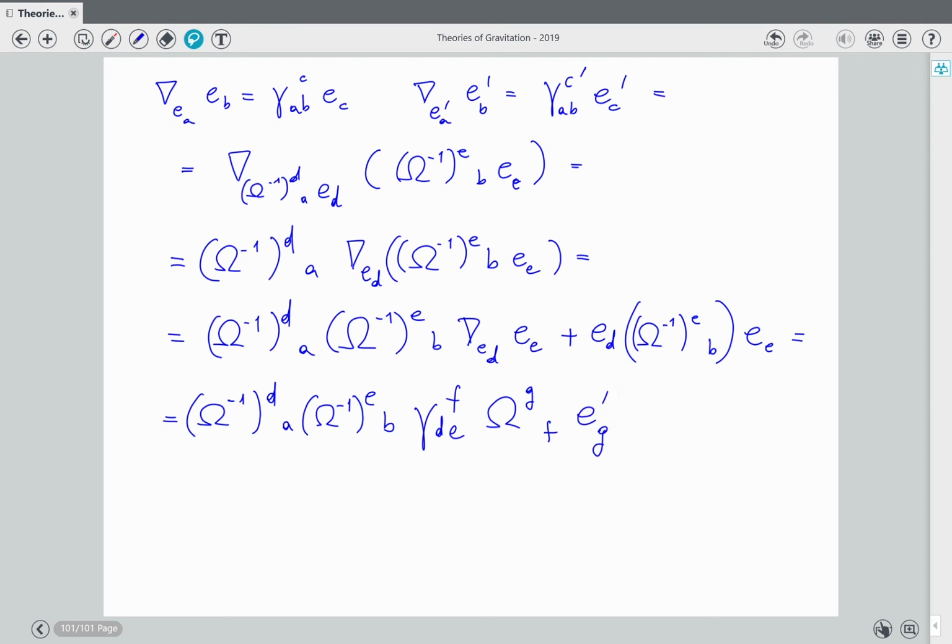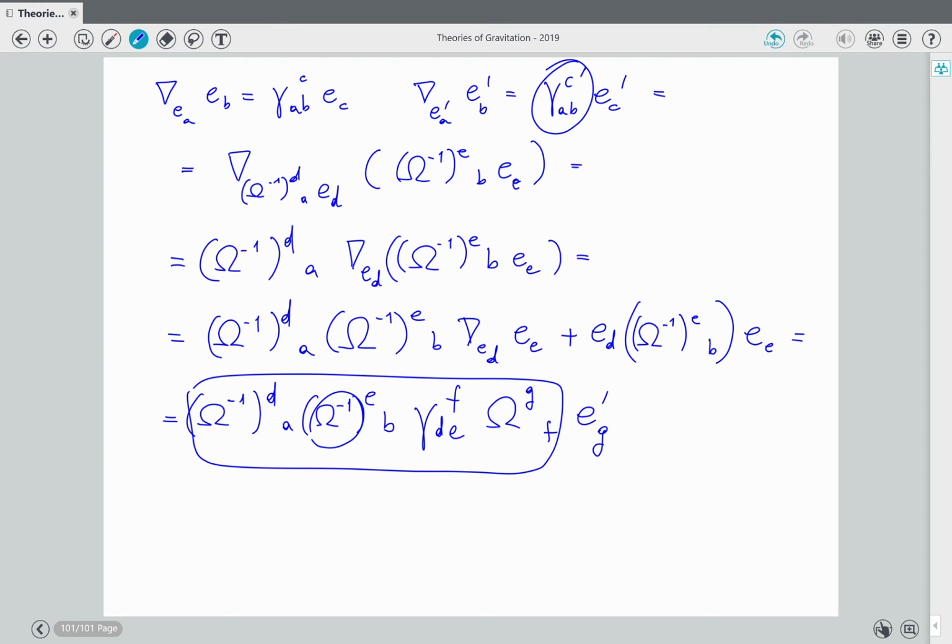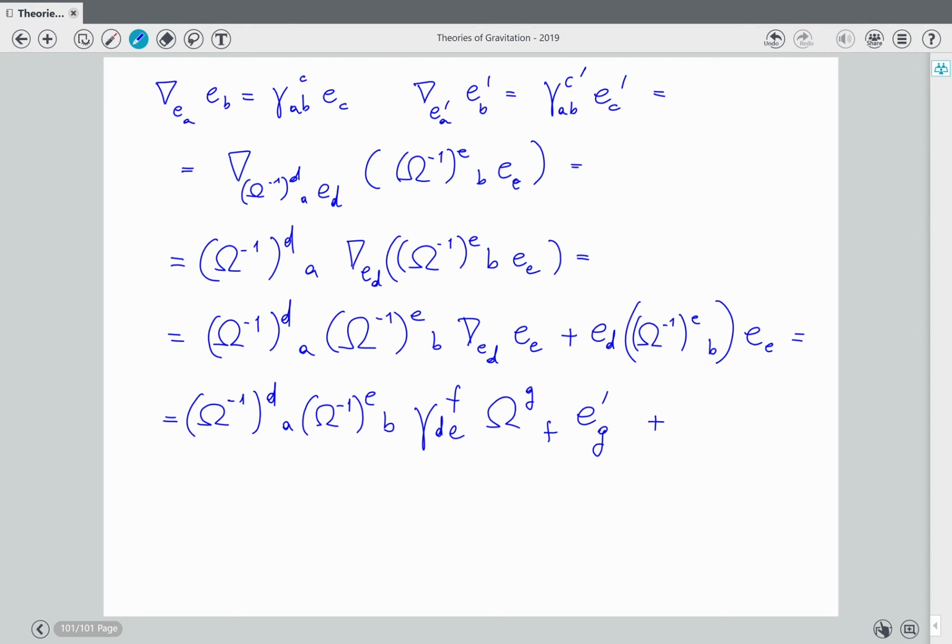So here I will be able to read gamma prime will be equal to this, which is what you expect by transforming every index with a matrix omega, plus a rest, because it's a connection, it's not a tensor, as you might remember.